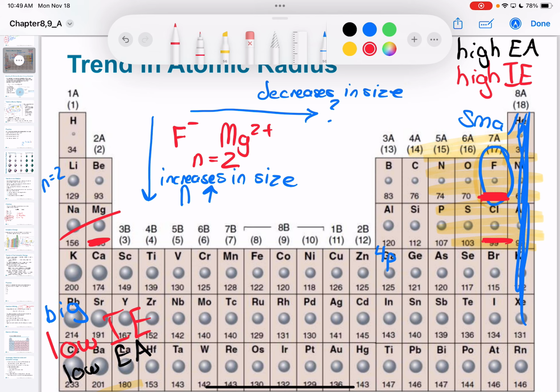Mg has a lot more protons. So Mg2 plus will actually be significantly smaller because of those additional protons. So you're literally just going down the checklist and figuring out which one is going to apply. Start with the shell. If that answers the question, you're done. Okay? And then move on if needed.